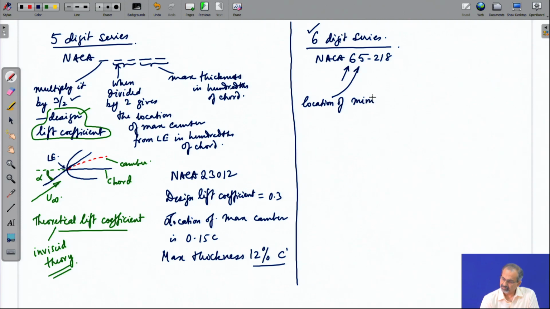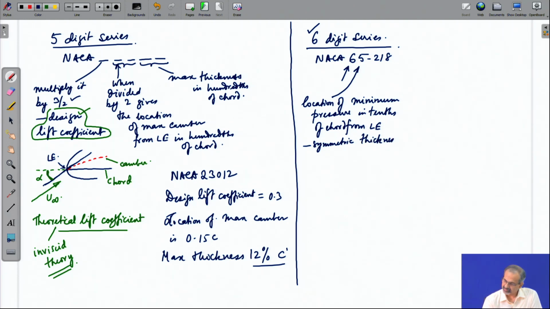of minimum pressure in tenths of chord from leading edge, considering symmetric thickness distribution at 0 lift.